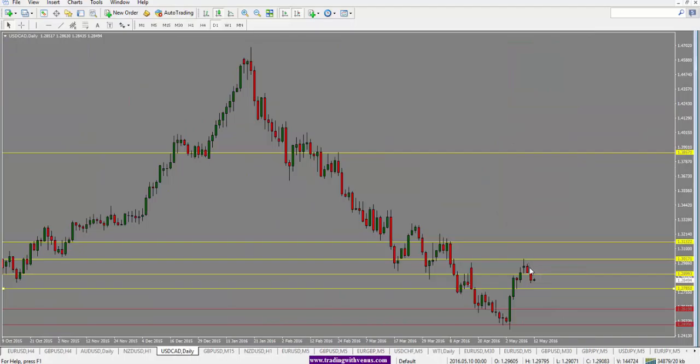Looking at dollar CAD here, we saw a nice drop in dollar CAD, a nice bearish close on the day. So the next target we'd be looking for would be a move to the downside into the 1.2780 level, the bottom of this pin here. So what we may see is a pushback into 1.2900, then a drop from there. So we'd be looking for a bit of a push up and then a drop into the 1.2780 level.